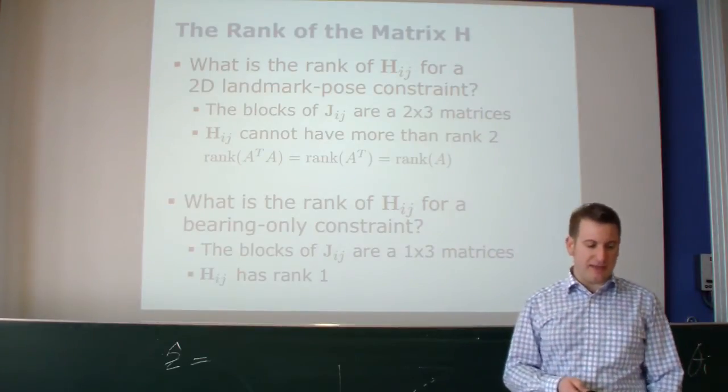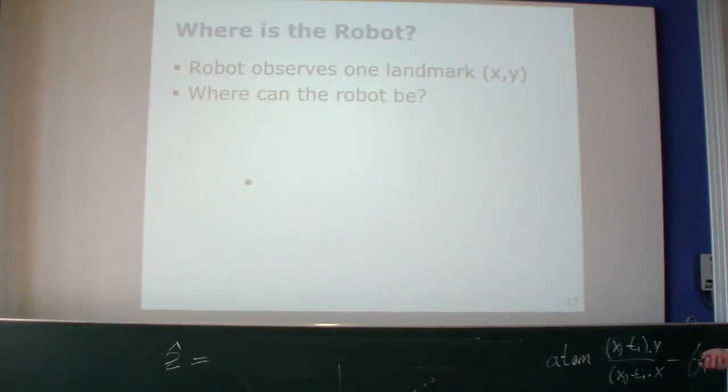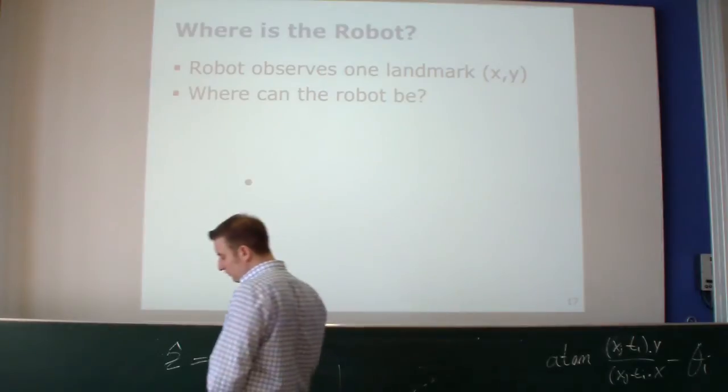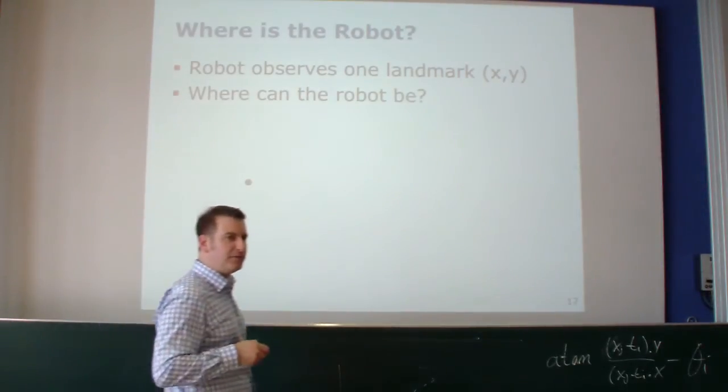You can also illustrate that with this question. We have the robot. Say this is a landmark in space, and I have the situation where I have this delta x, delta y observation. Where can the robot be?